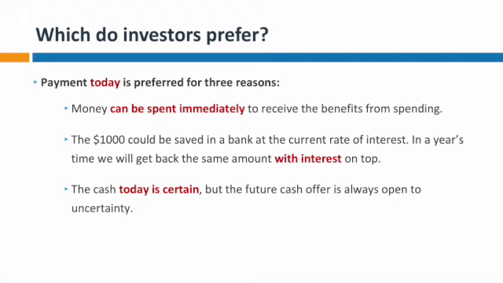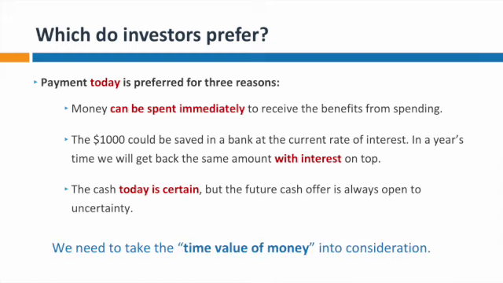The cash today is certain, but the future cash offer is always open to uncertainty. So these are the 3 key pieces of information I want you to consider. And this is exactly what we mean by taking the time value of money into consideration.